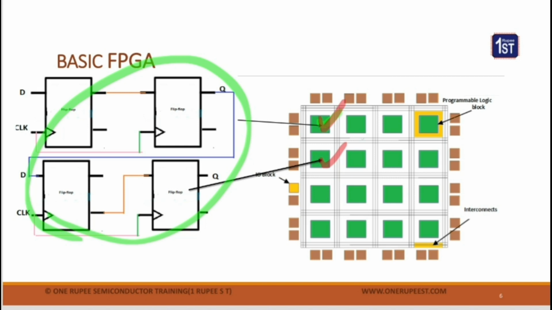These 2 registers will fit in this configurable logic block. Depending on the FPGA logic family or FPGA device, we can have a CLB structure, and each CLB can have multiple slice registers or multiple flip-flops, and can have 4 input, 5 input, 6 input lookup tables depending on the logic requirements.